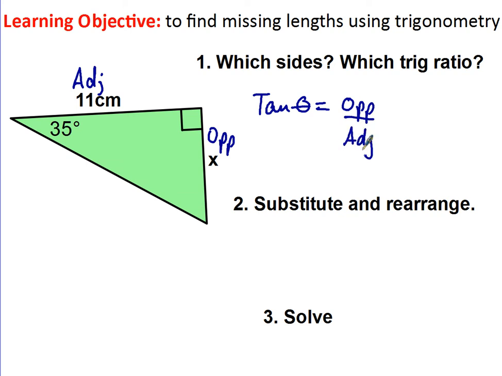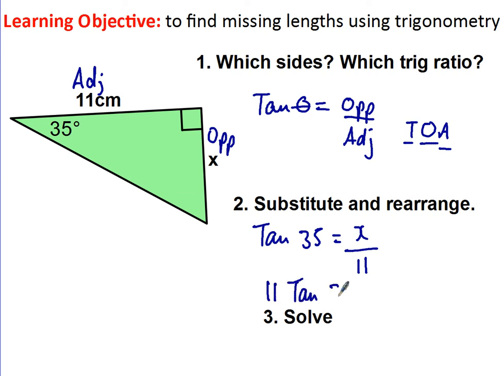Remember your SOH CAH TOA, the TOA at the end, opposite over adjacent. Let's substitute theta for 35, opposite for x, adjacent for 11. Rearrange that so we've got x all by itself. We can multiply both sides by 11, and that would give us 11 tan 35 equals x.